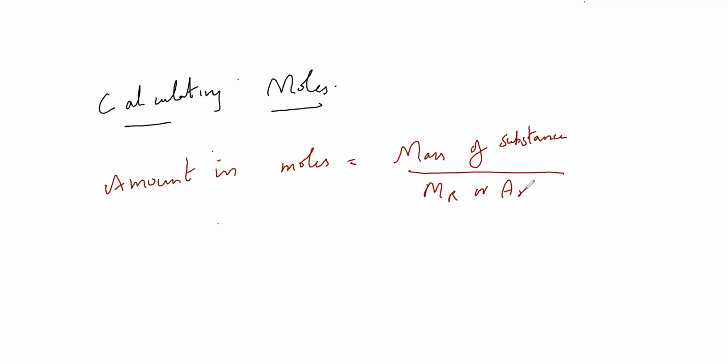Clear? Or else there is one more triangular formula which I'll be showing to you. If you express everything in a triangle, it's very easy for us to remember. MR or AR is nothing but our formula mass respectively. So we'll be drawing this triangle.